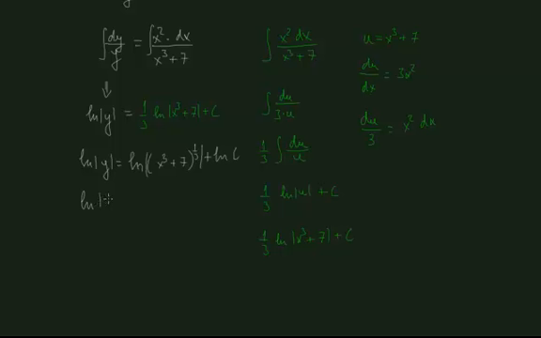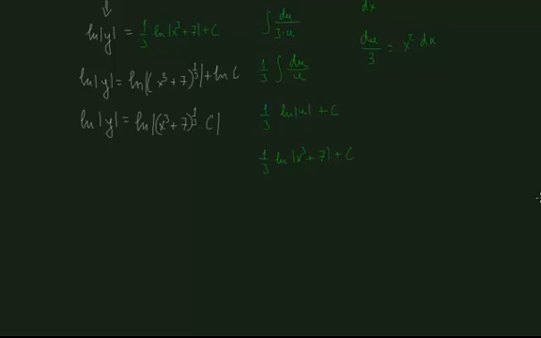So the natural logarithm of y equals, on the right hand side we can see that there are two logarithms and it's an addition of two logarithms, so we can multiply them. So natural logarithm of x cubed plus 7 to the 1/3 times constant, in parentheses.